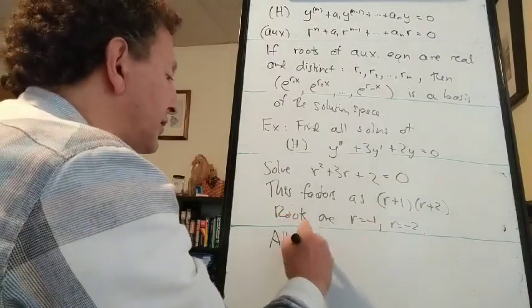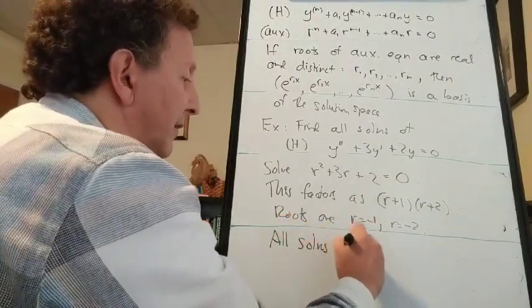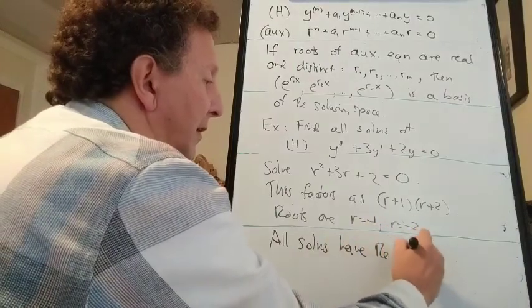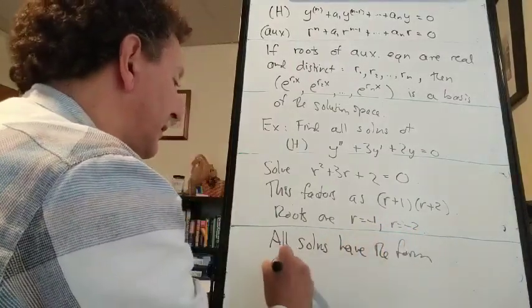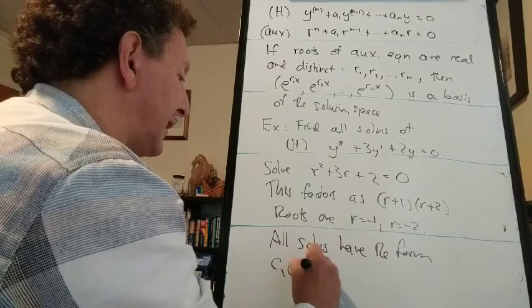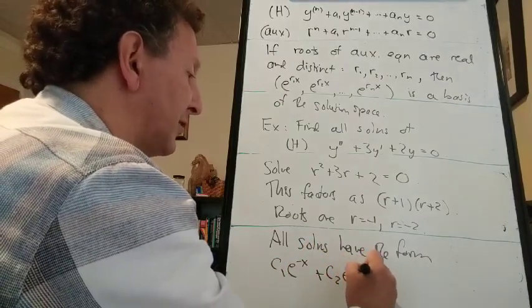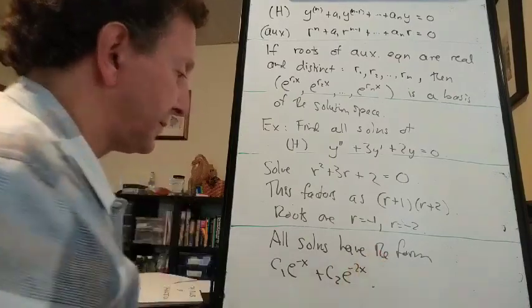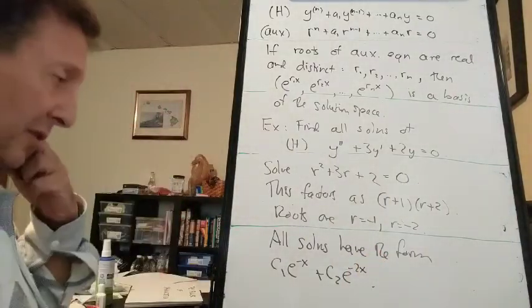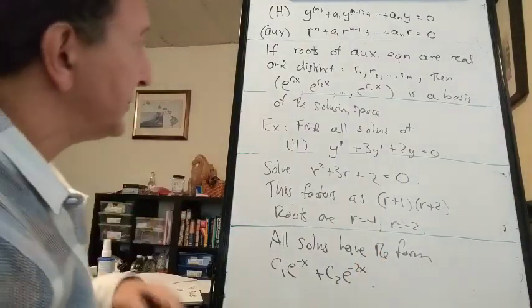So all solutions have the form some multiple of e to the -x plus some multiple of e to the -2x. And that's all there is to finding all the solutions.